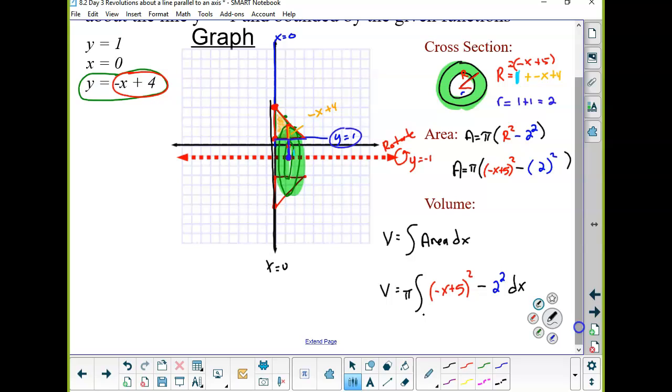At x equals 0. And where does it end? We got to kind of count it out. 1, 2, 3. So see how this intersection point right here is at the spot 3, 1. This is the x-axis, 3 over, up 1. So we're stacking from 0 all the way to 3.